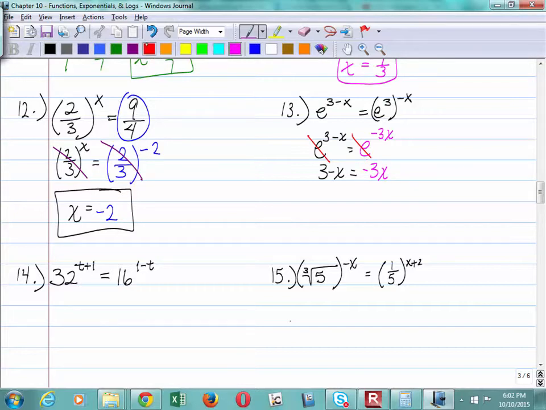So then I would just add x to both sides. So that would be 3 equals, so -3 plus 1 is -2. So 3 equals -2x. Divide both sides by -2. So that gives me x is equal to -3/2.